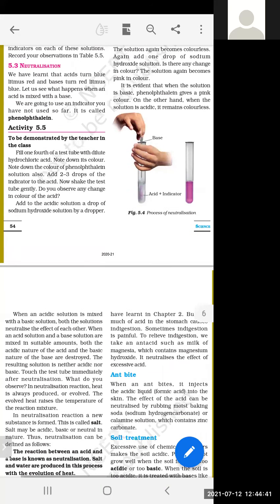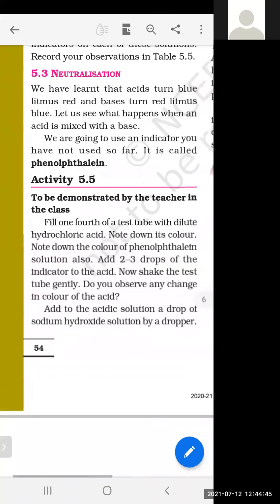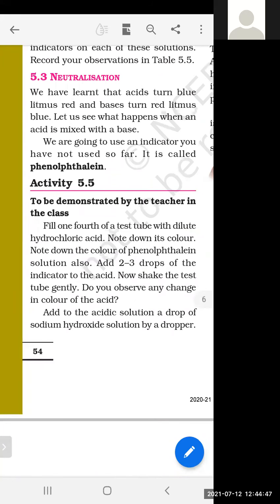Now students, the next topic is neutralization. What is neutralization? We have learned about acid and base. When an acid is mixed with a base, they will neutralize each other.